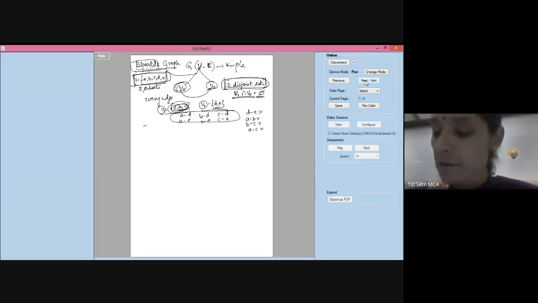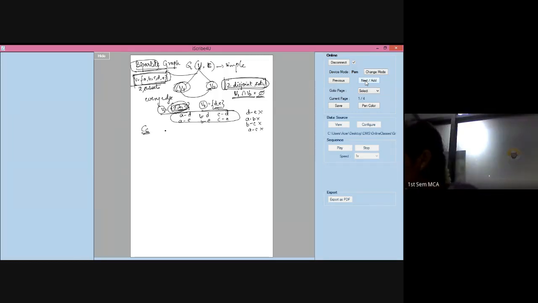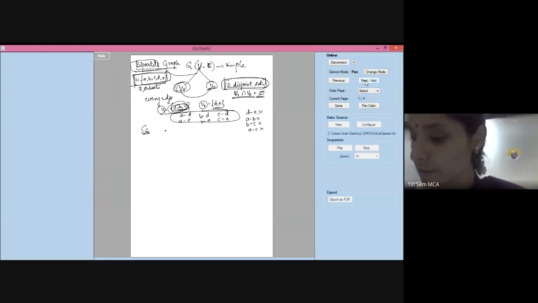Let me take the graph C6. What was C6? C6 was a cycle of 6 vertices. Let me take that graph. I had taken this example for a cycle, correct?